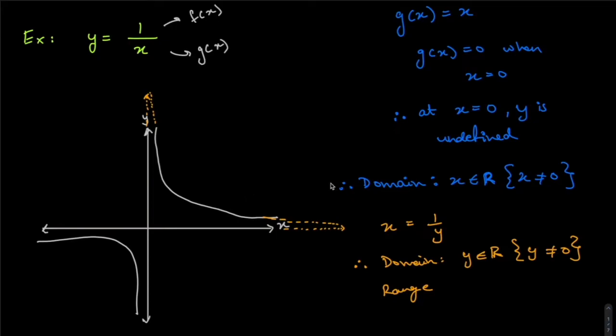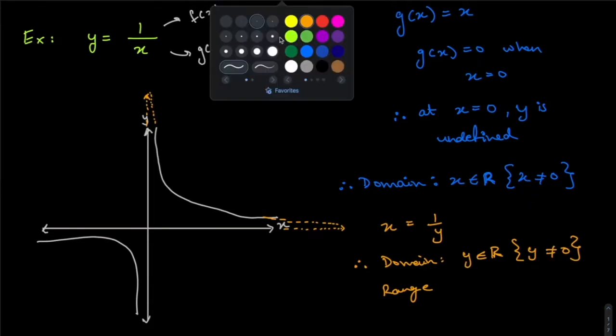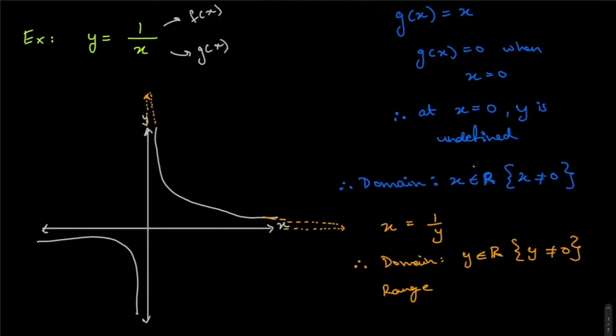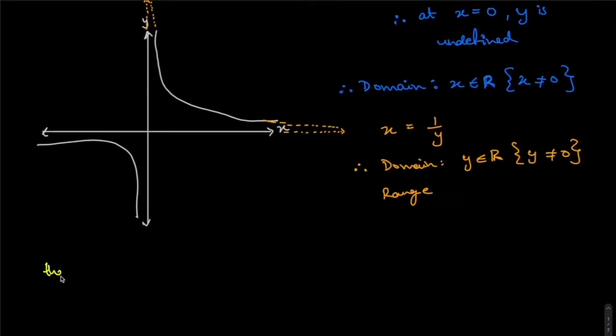That's what it means. So now what happens is this and this. All of the exceptions, what this exception gives us, are the x and y asymptotes. So this is an asymptote. The lines x equals 0 and y equals 0 are asymptotes in this function.